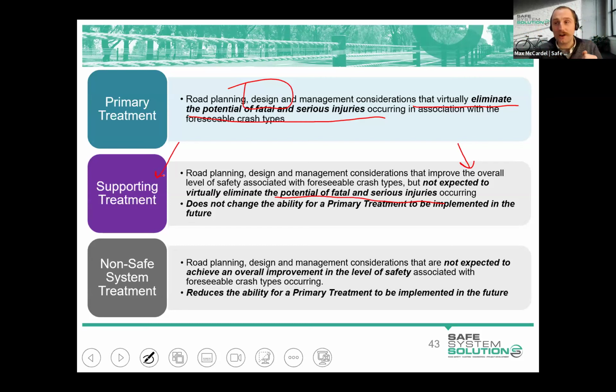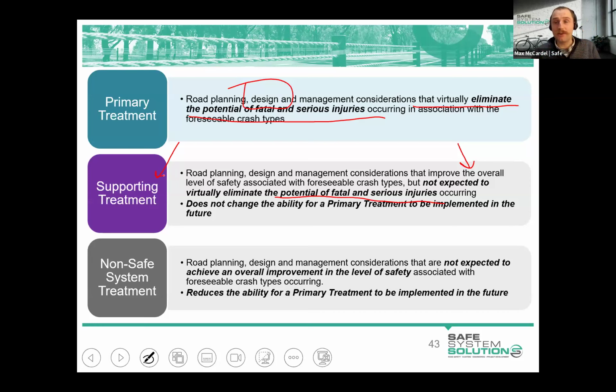If we're recommending traffic signals, we know that that is not going to virtually eliminate the potential for FSIs because you can still have red light runners. So the potential for those high speed 90-degree intersection crashes can still occur. So that would be classified as supporting.